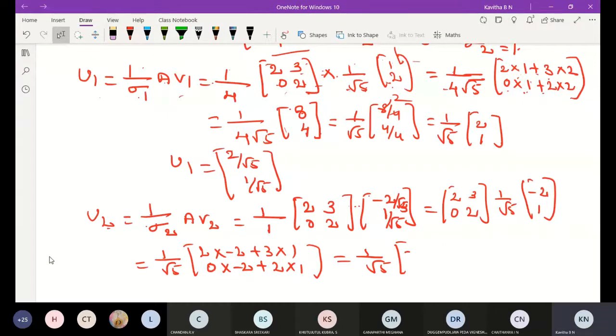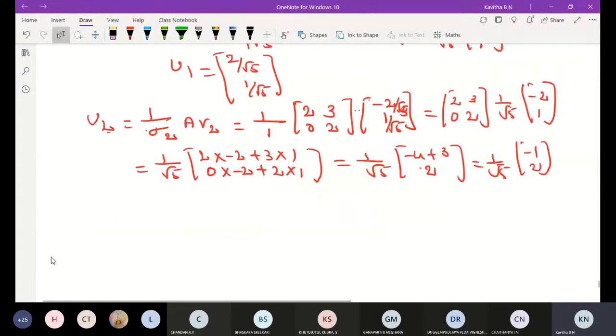Minus 4 plus 3, then 2. So 1 by root 5 minus 1, 2. The answer is u2 equal to minus 1 by root 5 and 2 by root 5.